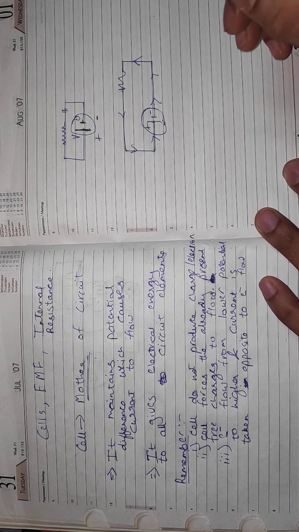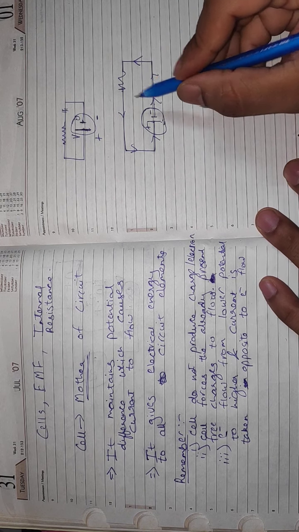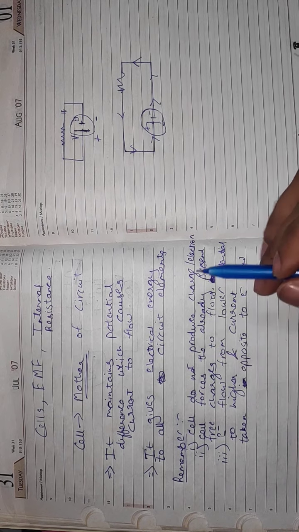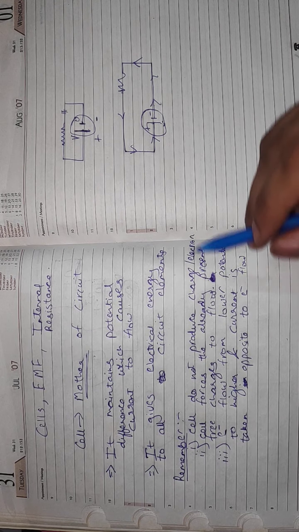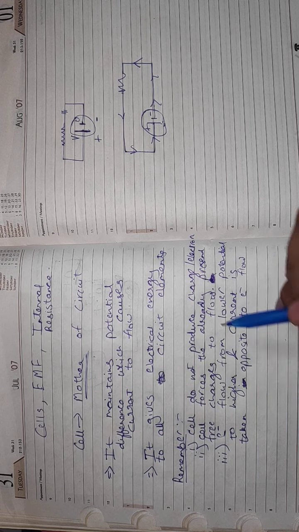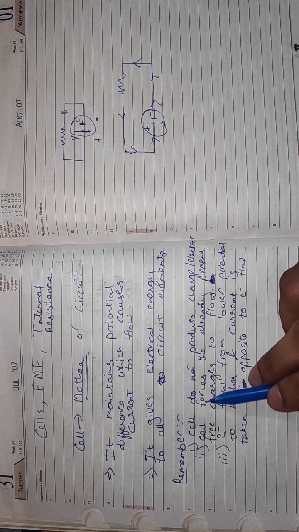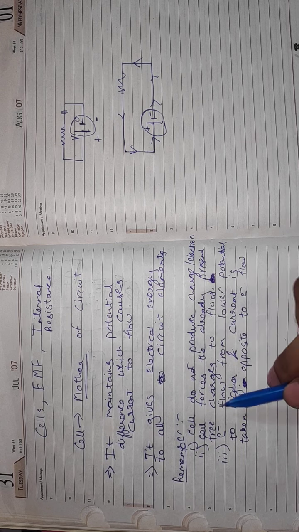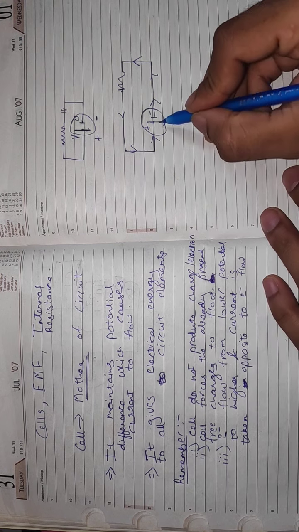So what does it do? It does not produce any new electrons, it only allows them to flow, which leads to the second point. Cell forces the already present free charges to flow. I will repeat, cell forces the already present free charges to flow, because here there is a potential difference.